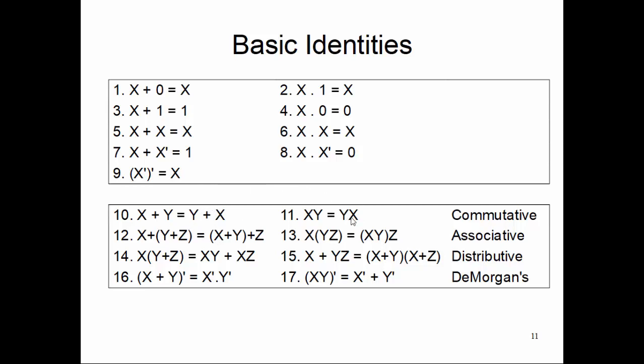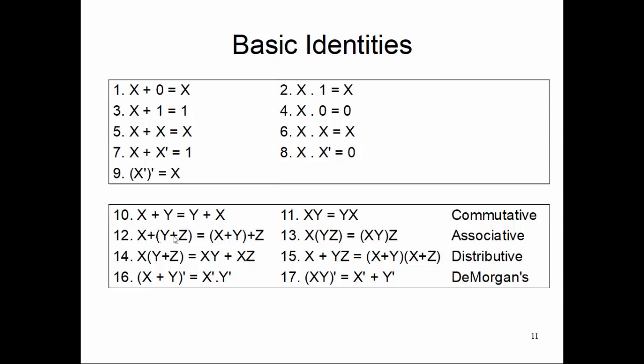So these are commutative rules, and this is very much similar to the algebraic rules you have learned in your middle school or high school. Now the associative rule is also similar to what we have learned in the past in the algebra domain. So that holds true in the Boolean algebra domain also. So you can associate a series of ORs in any way.